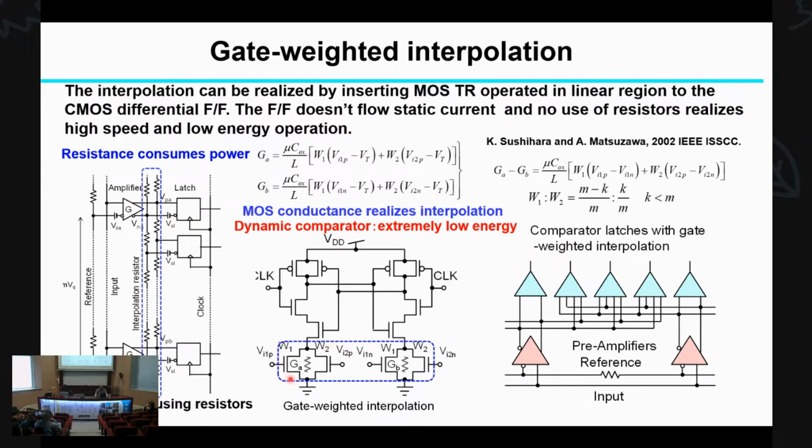By using this method, the transistor resistor is inserted into the differential CMOS flow, so no constant current flows. However, this circuit can realize the conductance, such as differential conductance, for interpolation. So there is no need for the power-consuming resistor, just connect with the gate.